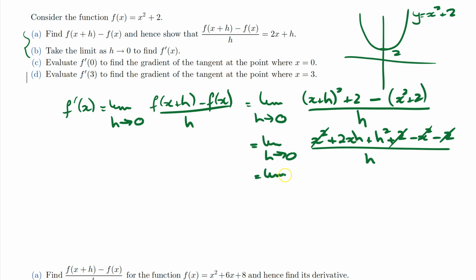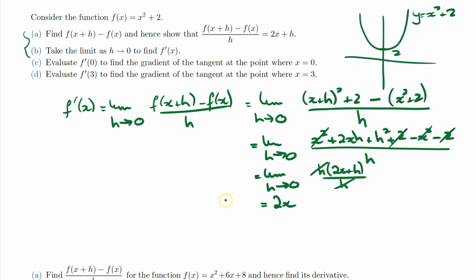Next step is to actually get rid of this h on the bottom, because we know we can't put 0 into there or it will be undefined. So generally we can take h out as a common factor. So if we took h out as a common factor of what's left up here, we get this. So we want the limit of 2x plus h as we tend towards 0, which is just 2x.